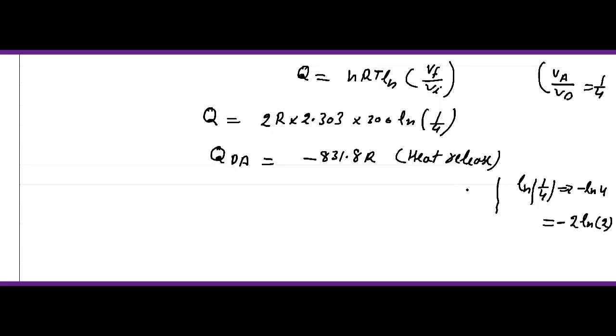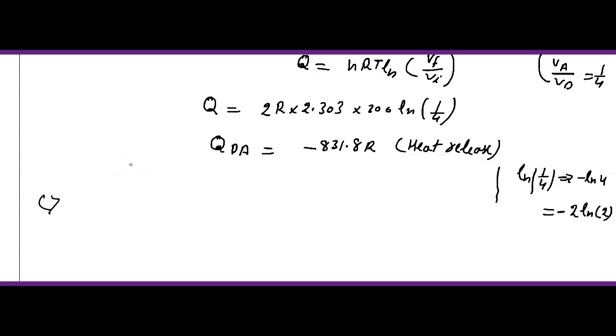Now here we have to find the total work done by the gas during the complete cycle. In a cyclic process the total internal energy change is always equal to 0, so delta U net is equal to 0.